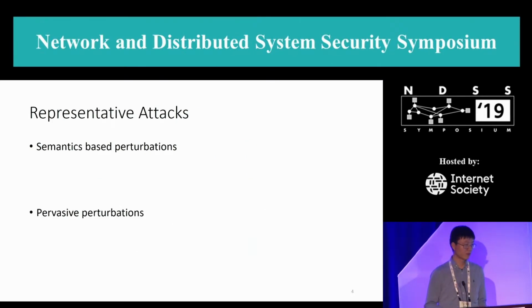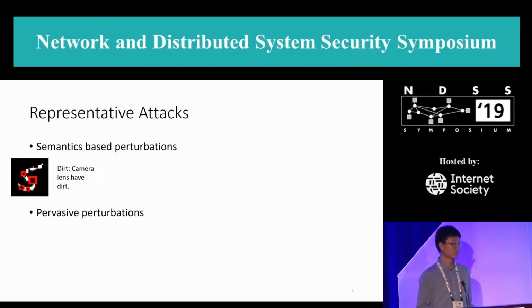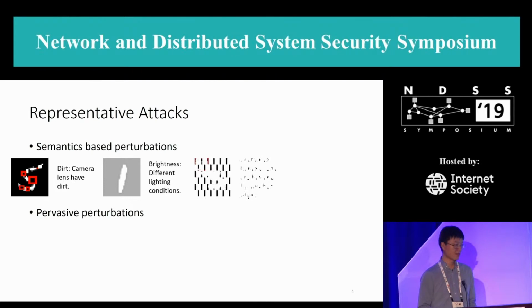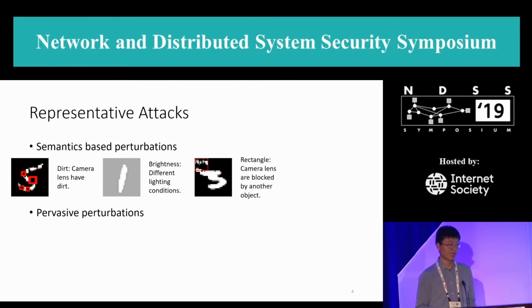Here are some representative attacks for the two categories. For the first category, we have the dirt attack, which tries to simulate a dirty camera lens with a lot of dust. Some use the brightness attack, which changes the whole image color to simulate different lighting conditions. Some use the rectangle attack, to simulate the camera lens being blocked by other objects, such as a paper.